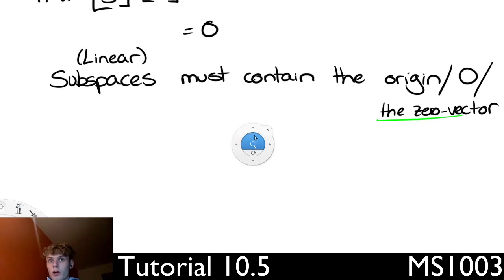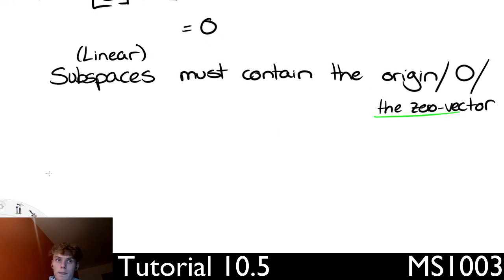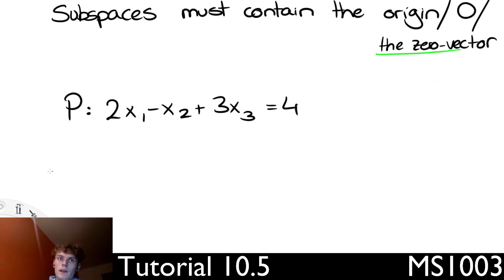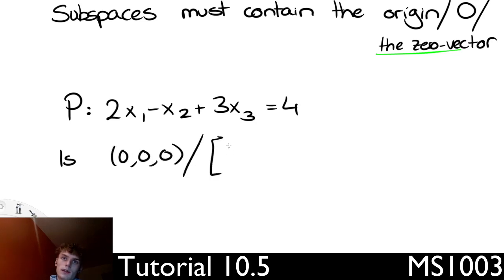So, let's check if the plane is a subspace. So the plane P is 2x1 minus x2 plus 3x3 equals 4. Is (0, 0, 0) an element of P?